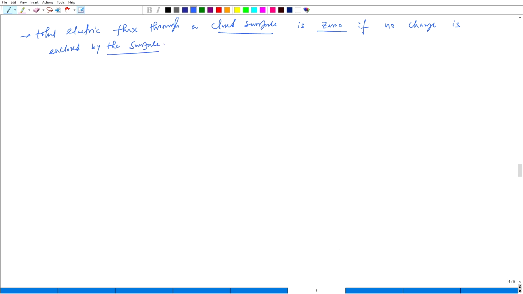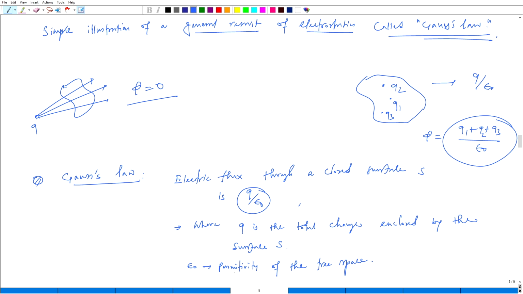Okay, so that we discuss here, right. So if we consider a closed surface here, so this one is a closed surface, remember it is not an open surface, it is a closed surface, then the phi is 0.